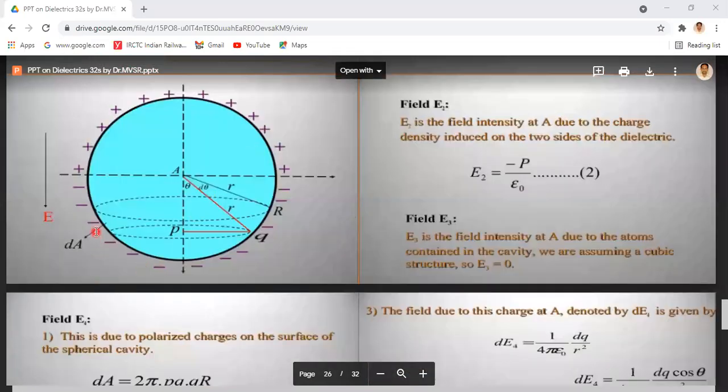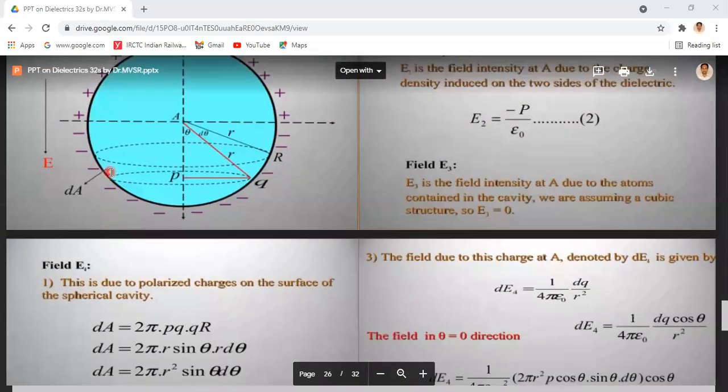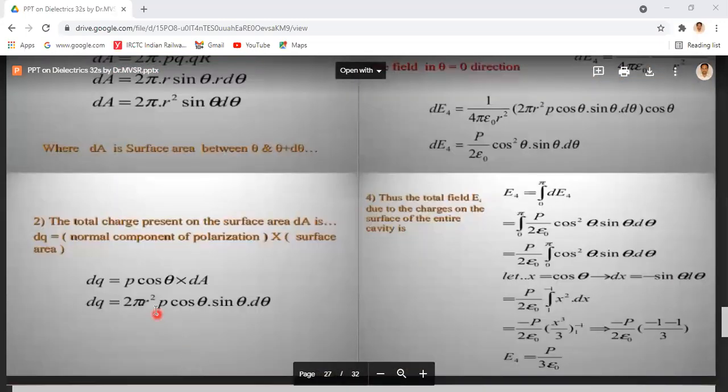P is acting in this direction, normal to this direction. P cos theta is the horizontal component, which is in the direction of E bar. That's why we take P cos theta, not P. So dQ is equal to P cos theta into dA.